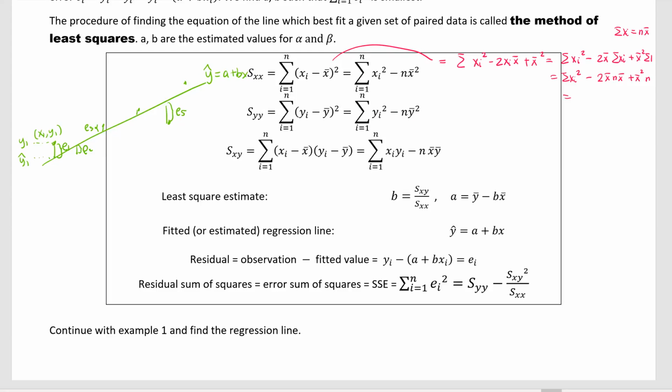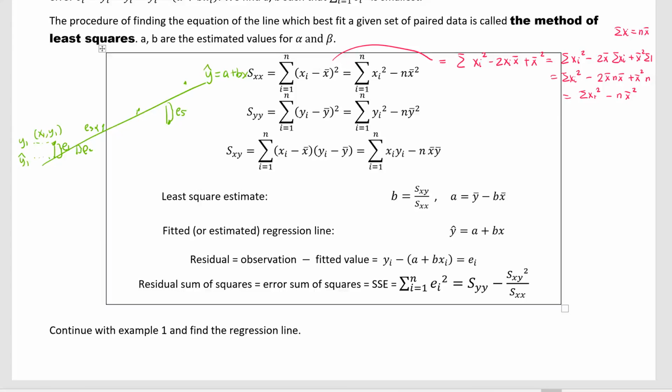So you get sum of xi squared minus 2n x bar squared plus n x bar squared. So we get minus n x bar squared. When we calculate, we use this formula. So this guy is the definition, but when we calculate, we use this one.